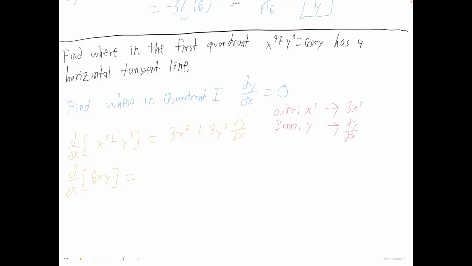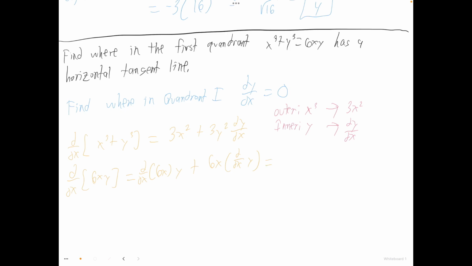So now we want to take the derivative of 6 times xy. So this is a product of two things. So we're going to have the derivative of the first thing, which is 6x, times the second thing, plus the first thing, which is 6x, times the derivative of the second thing.